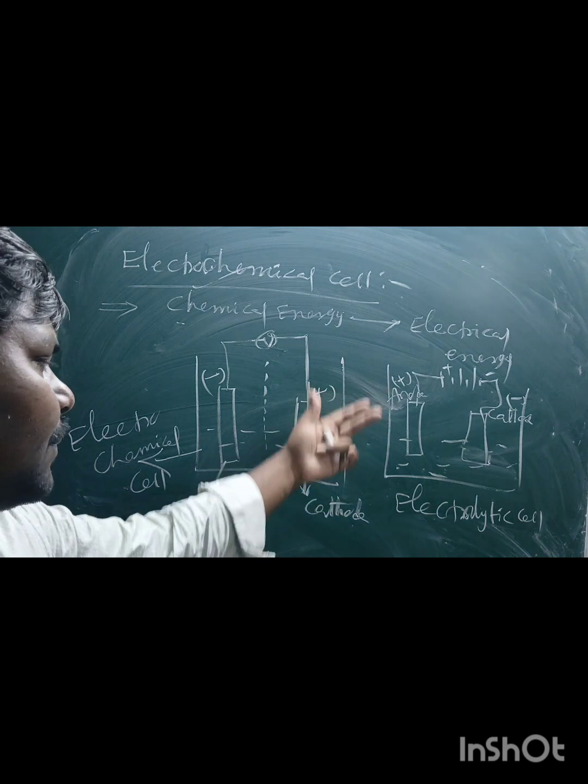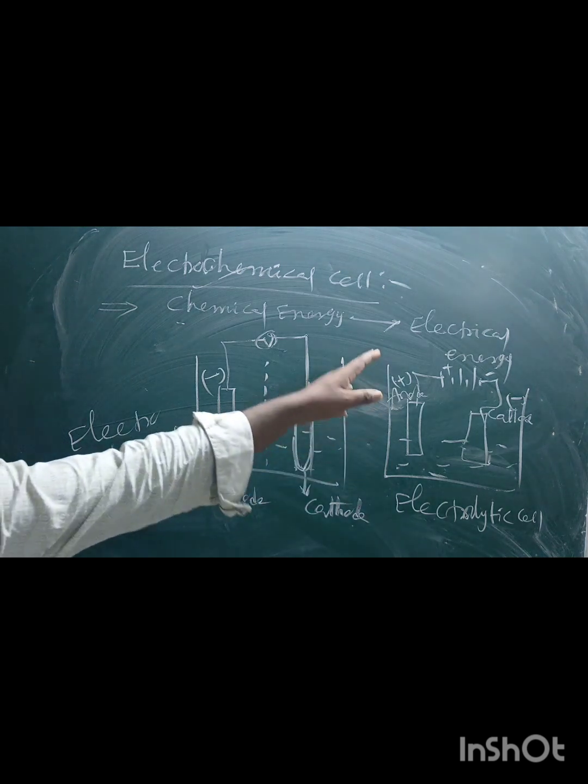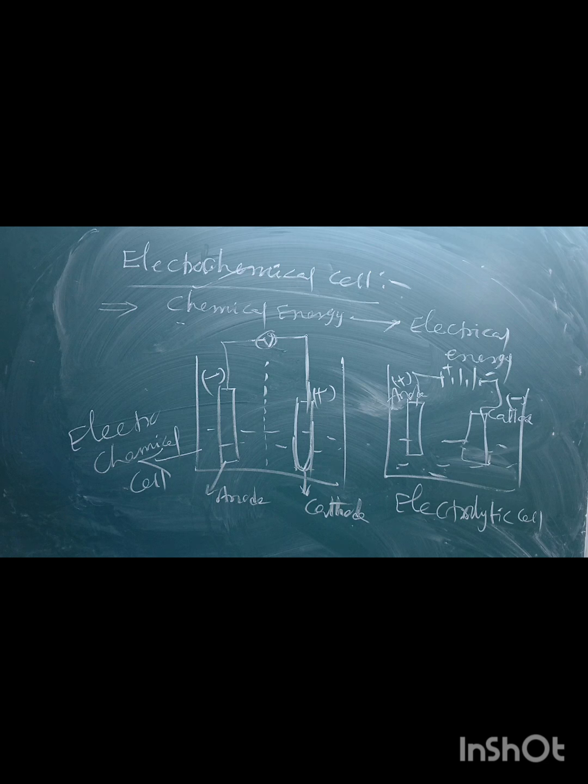Okay, here in the electrochemical cell, there are two chambers. Both electrodes are placed in different chambers. But in the electrolytic cell, both electrodes are placed in the same chamber.